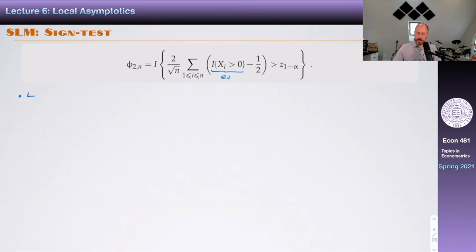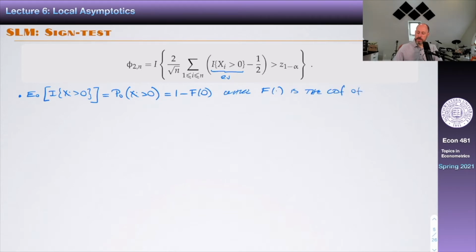Under the null, the expected value of the indicator that xi is positive is just the probability that xi is positive, and it's just going to be 1 minus F of 0, where capital F is the CDF of the density that we described before.